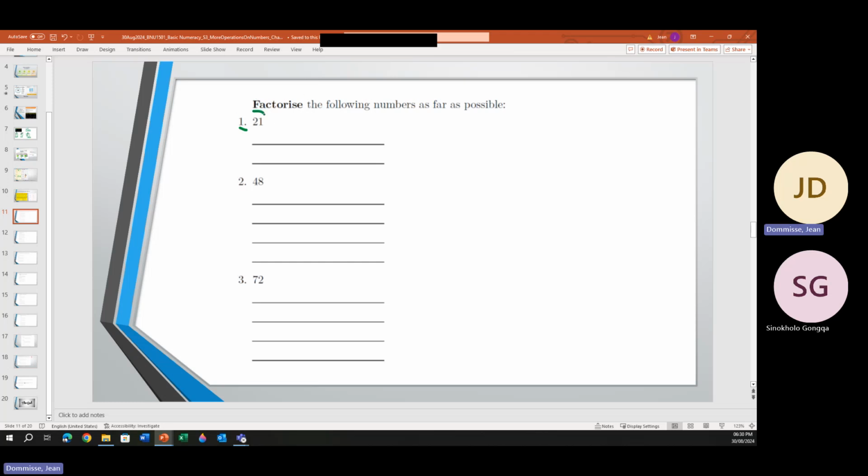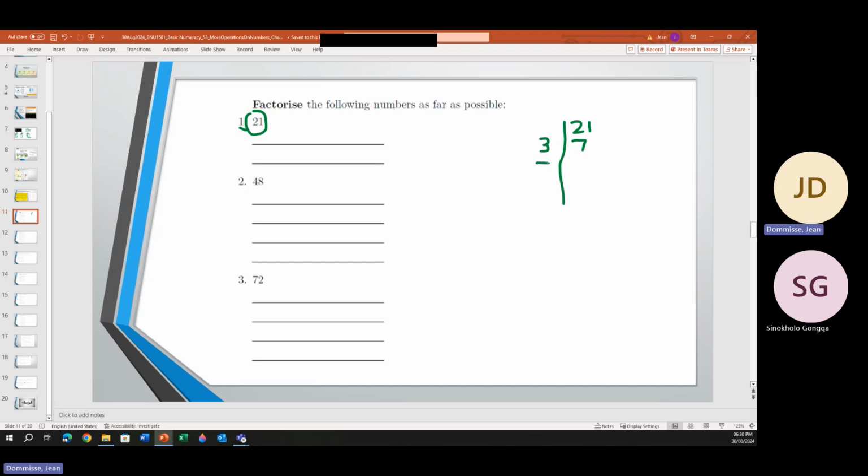We need to factorize 21. How I look at it is that I will always start with the smallest number first. 2 doesn't go into 21, but 3 can. 3 goes into 21 7 times.